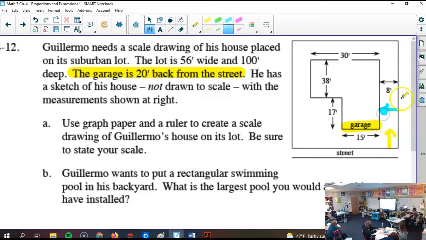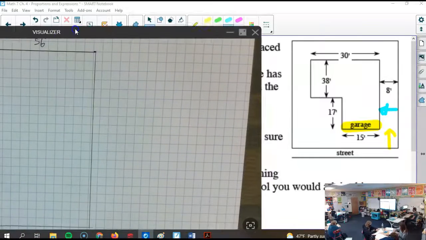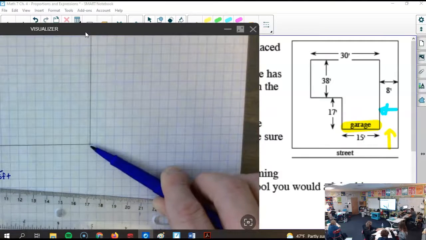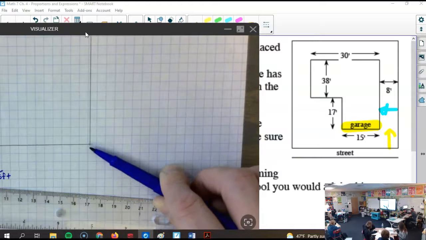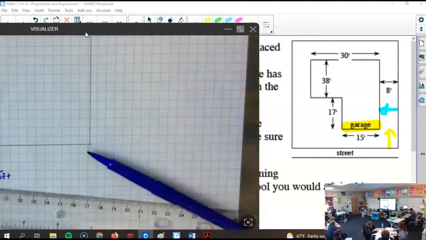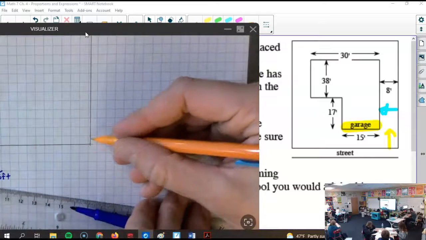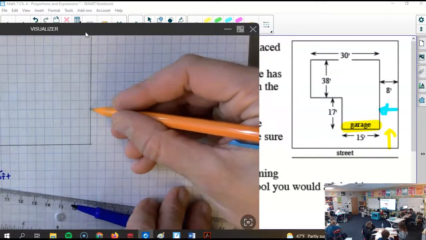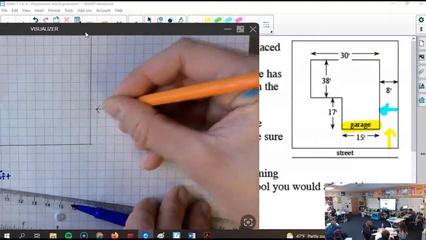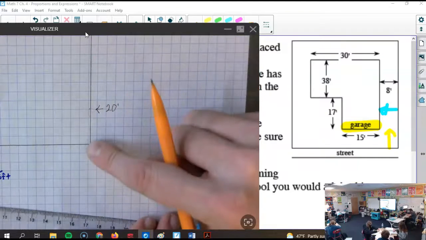So on our drawing, come down to the bottom right corner. That's the front of his lot. We're going to go back 20 feet. How many boxes would that be? 4. If every box is 5 feet, going 4 boxes is going up the lot 20 feet.